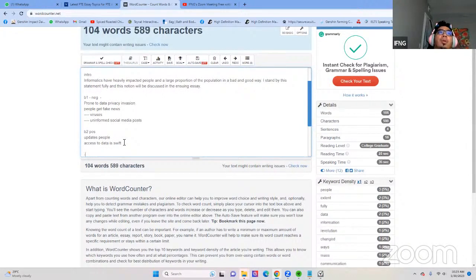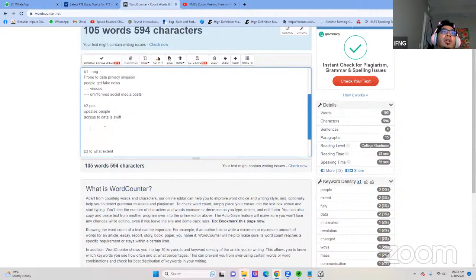We need a better argument with that one, Argeline. Access to data is swift. High-speed internet ang example natin. Argeline, you need to have a better argument kasi parang bitin yung updates people.